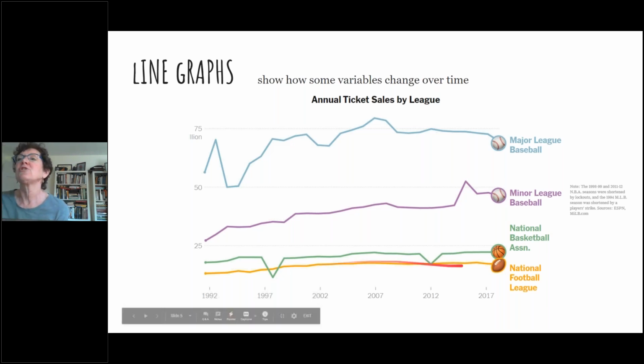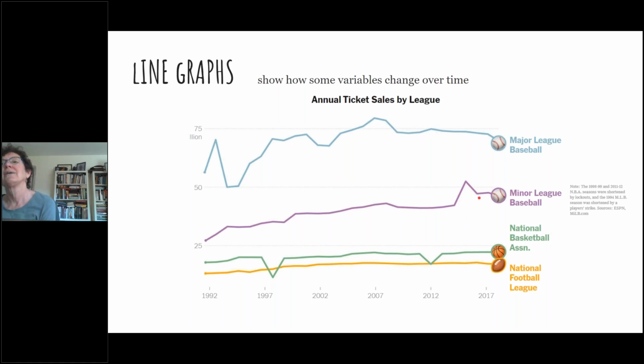They don't mention this. I don't know why there was such an increase in minor league baseball. We would have to go back.